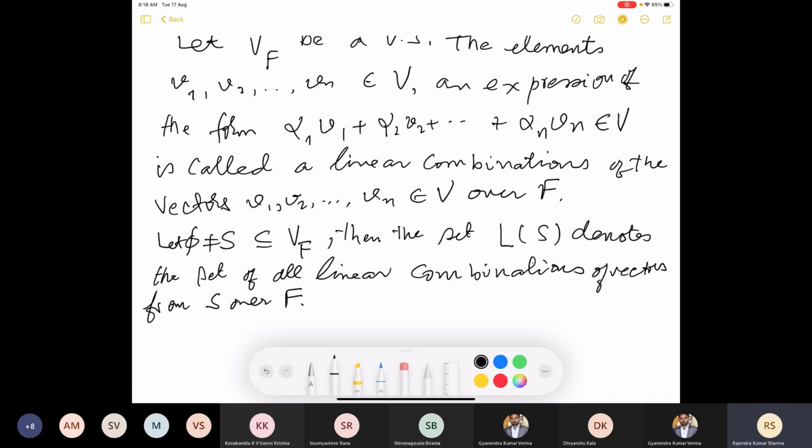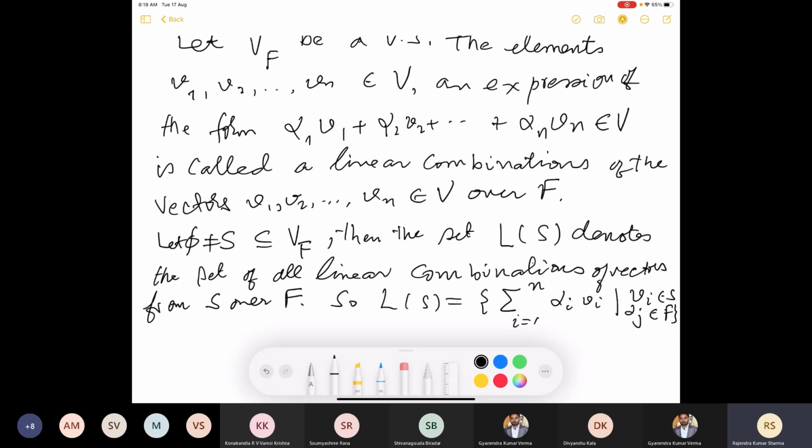So what does LS consist of? LS consists of elements of the form, to save space, using the summation notation, the sum from i equals 1 to n of alpha i Vi, where these Vi's are from S and alpha i's are from F. This n is not fixed; it is finite but not fixed.